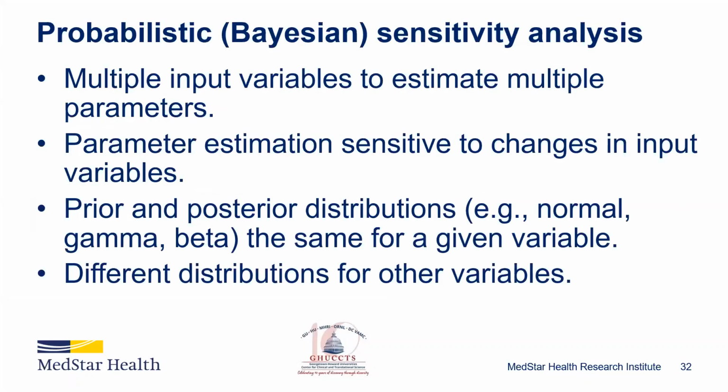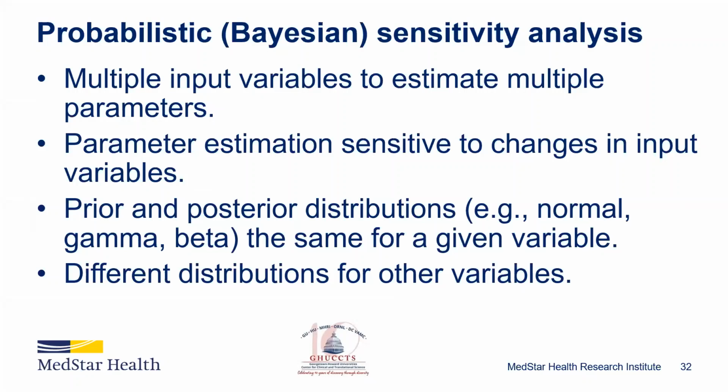Okay, so my last example here, which is the most complicated one of all, is probabilistic sensitivity analysis, sometimes referred to as Bayesian sensitivity analysis. We're using this as an example of a quite complicated design to answer a fairly complicated question.